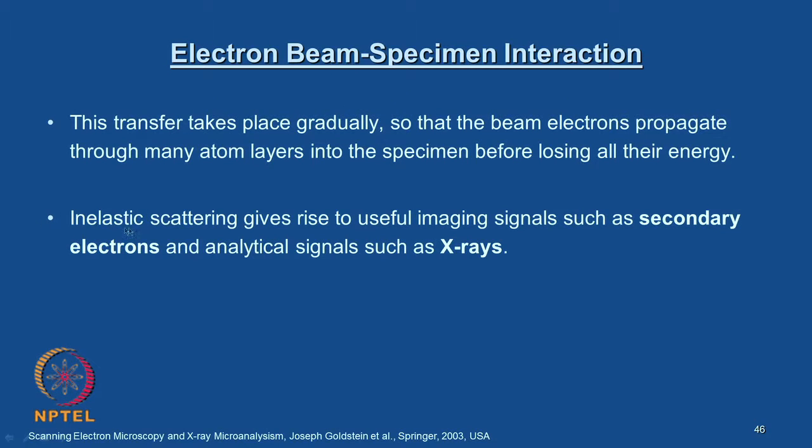You can see how some of the models are made for this, how the electron beam is losing energy, which I will show you in a few minutes. From that you will get an idea how the electron beam, after impinging on the specimen surface, loses energy gradually as a function of interaction volume. Inelastic scattering gives rise to useful imaging signals such as secondary electrons and analytical signals such as X-rays.